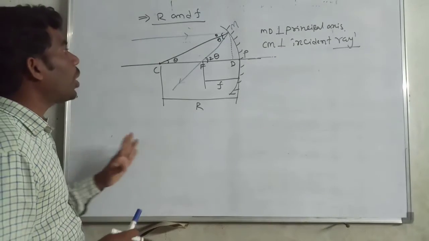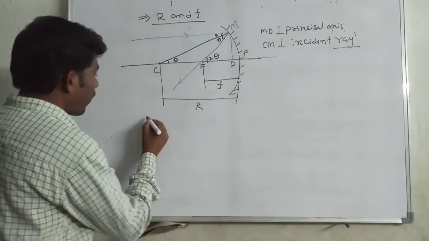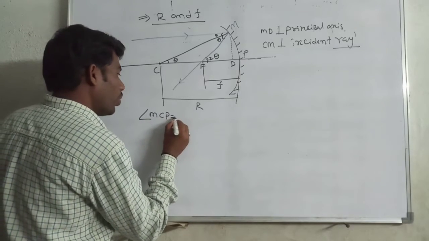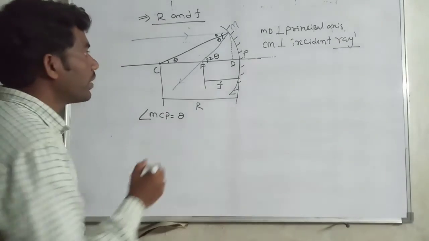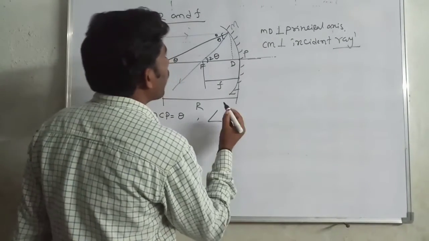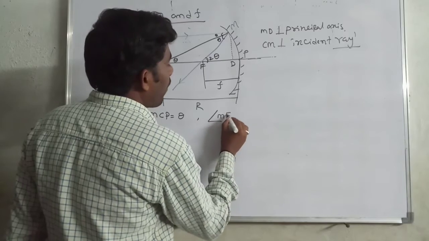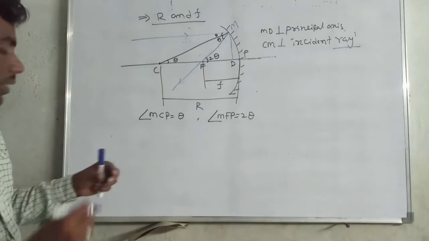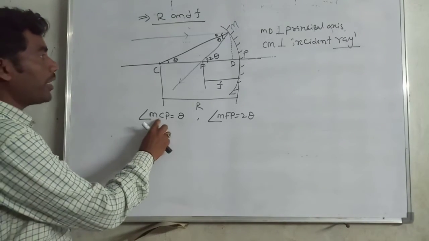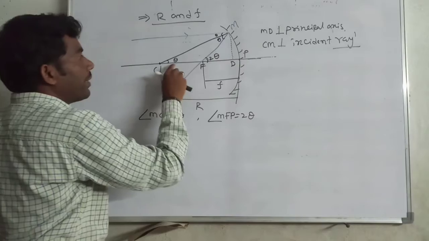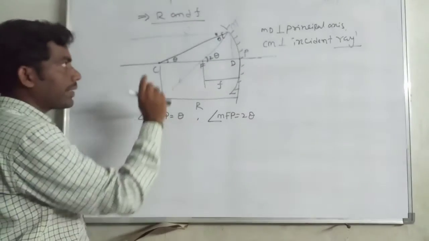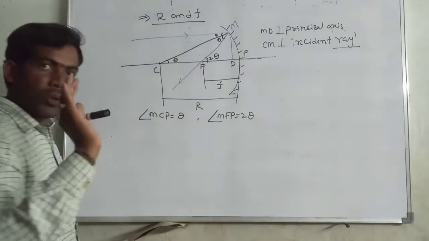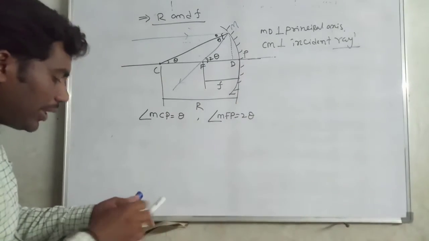Then see, the angle MCP equals theta. At the same time, the angle MFP equals 2 theta. The angle MCP is theta, and for MFP, the angle is 2 theta. See clearly how they are observed.